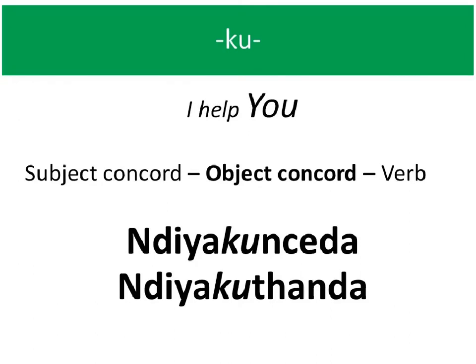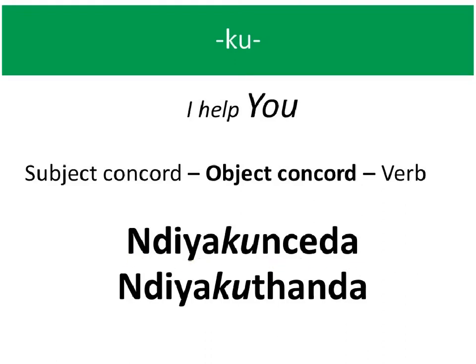The object concord for pronouns you'll probably use the most is the one for you, as in I help you, where you is the object of the sentence. This is represented by the infix ku. Again, remember that object concord is going between the subject concord and the verb. So again, we've got 2 examples here. And the first one there, our verb is nceda.